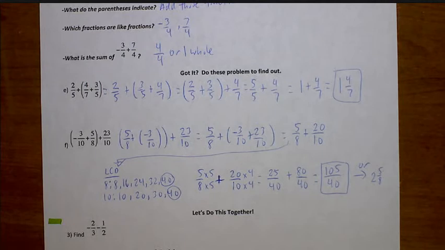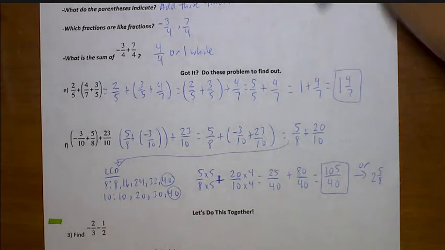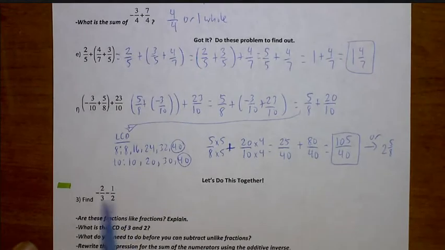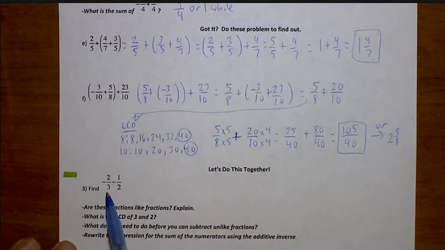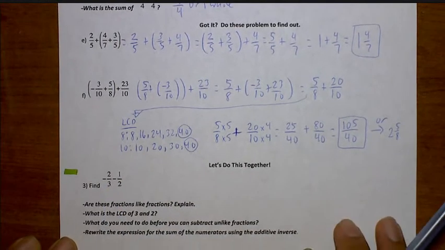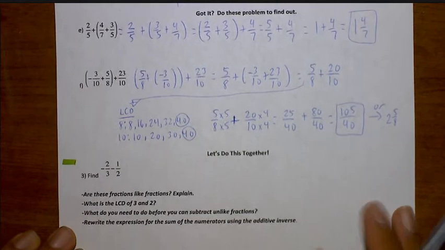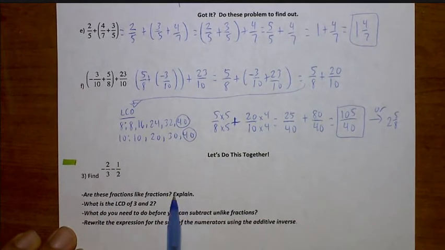So the question is, what is the common denominator for 3 and 2? The answer is 6. How did I get that?